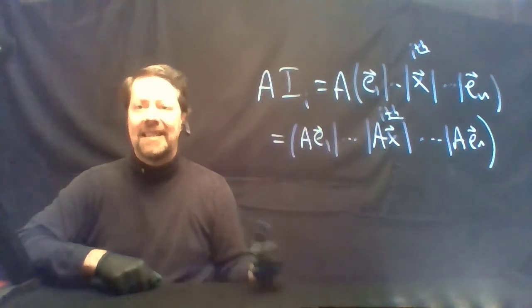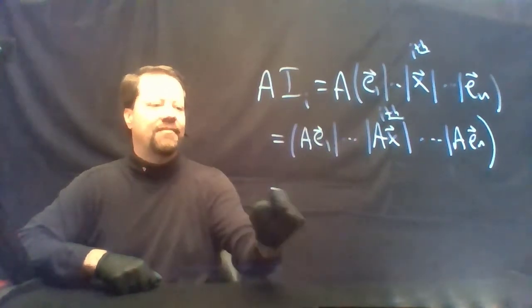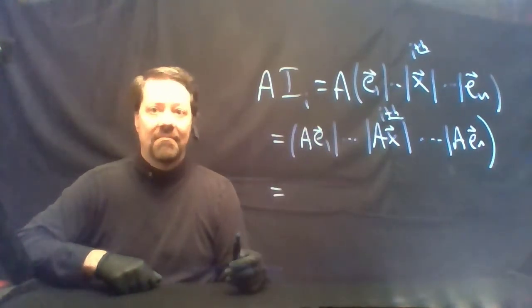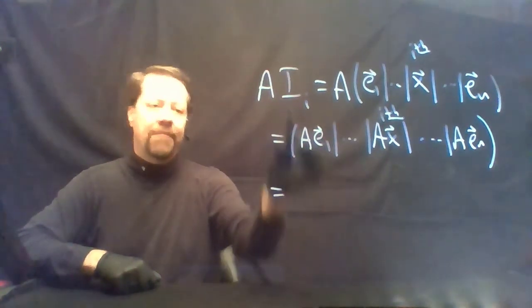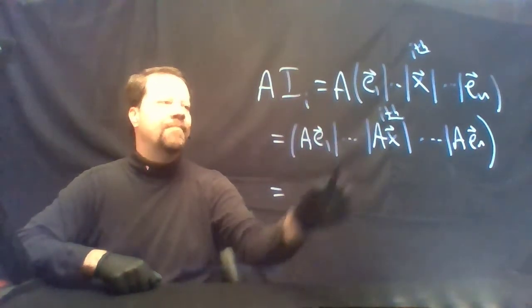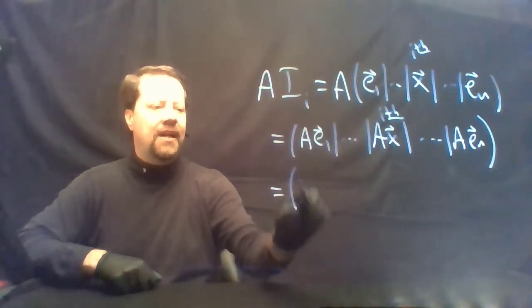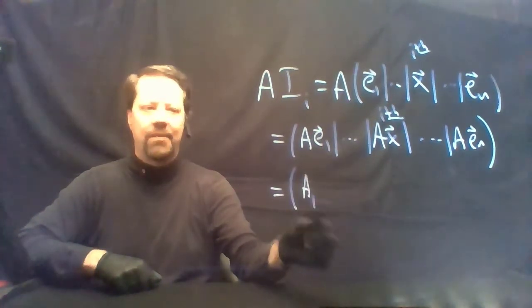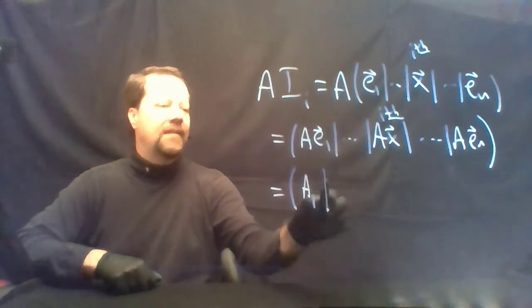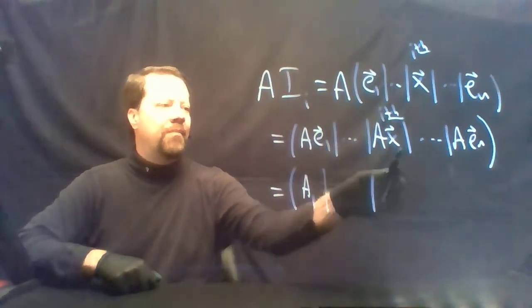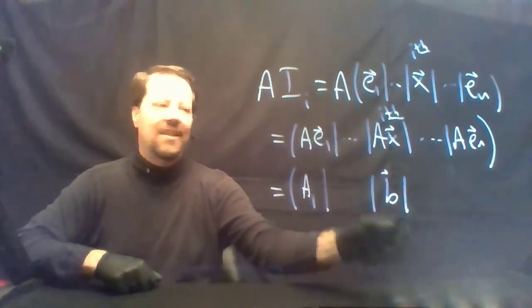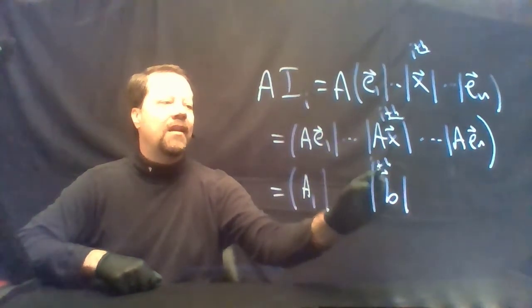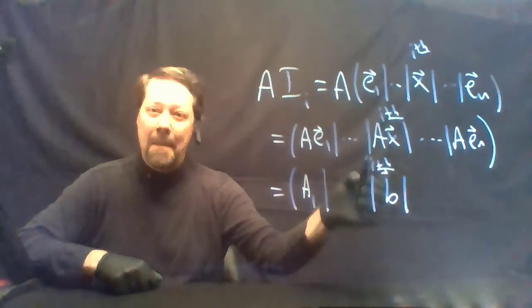A times the identity matrix itself is just A. A times E1 gives you the first column of A. So we'll have the first column of A, which I'll denote by A subscript 1, A subscript 2, but AX is equal to B. So the ith column is replaced by B.